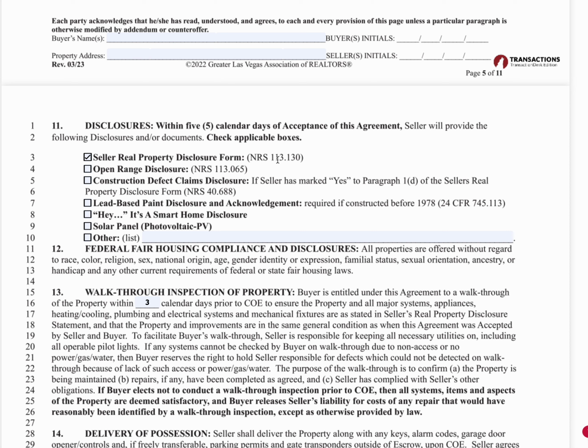If they did not live at the property and it was a rental, it's going to indicate that it was a rental property. Okay, and then I'll send you a brief video in regards to what to look out for on a seller's real property disclosure, aka SRPD.